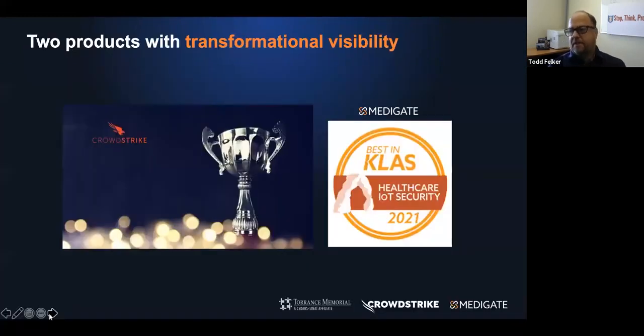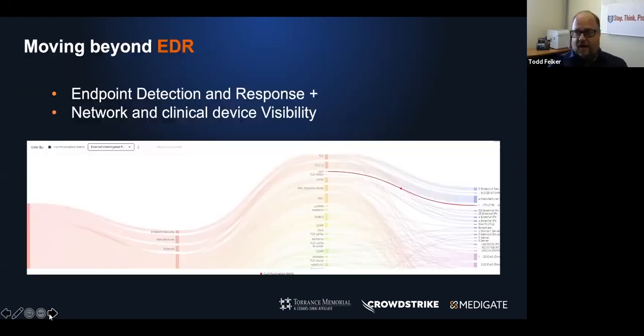The visibility that Medigate brings to the inside of your network, the traffic from each of your devices, is phenomenal. And being able to share all that information with CrowdStrike's, as Drex said, the crowd and the we, and their AI and machine learning technology, I think is huge. I think this is a game changer.